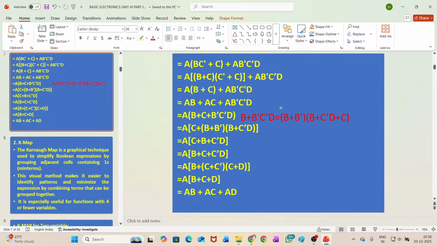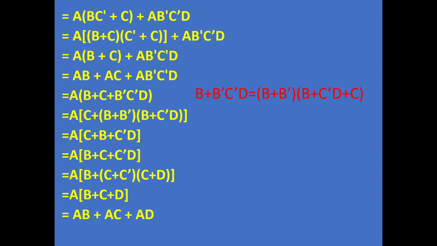Here I have kept C as it is. I have considered only two terms here: B and B bar C bar D. In this B bar C bar D, I have considered B bar as one term and C bar D as another term. So what I can do is put a dot here.